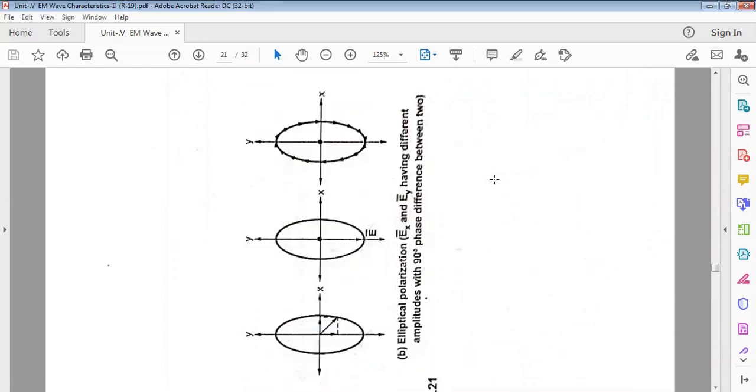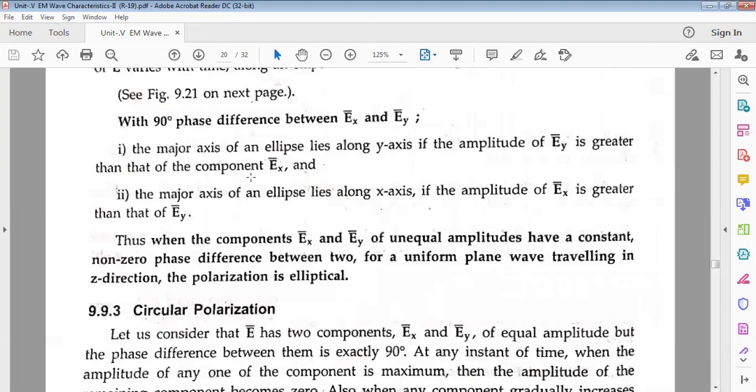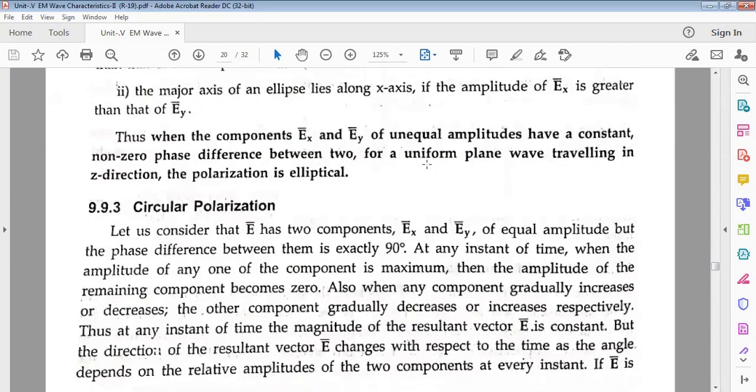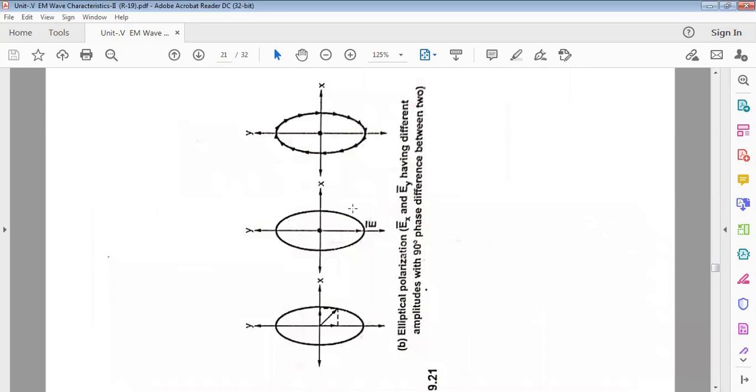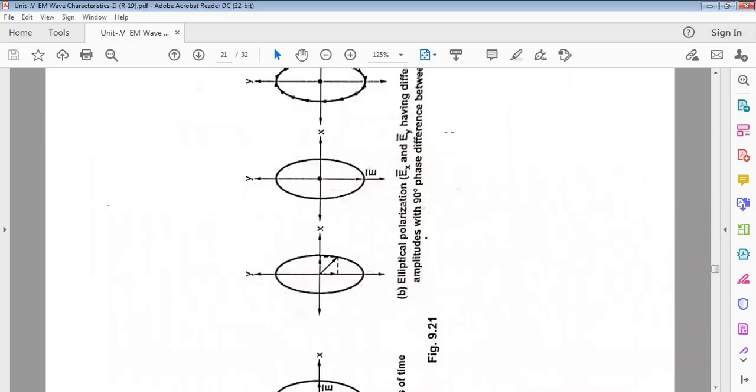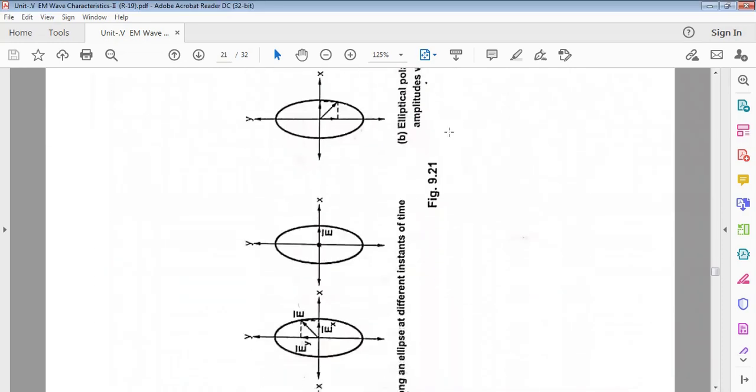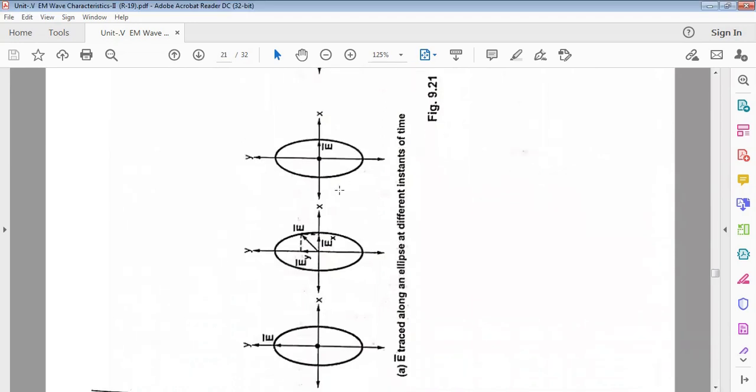If the major axis of the ellipse lies along the y-axis, the amplitude of EY bar is greater than that of the EX bar.